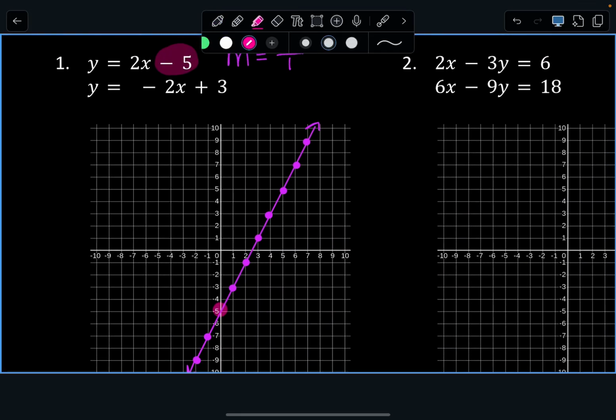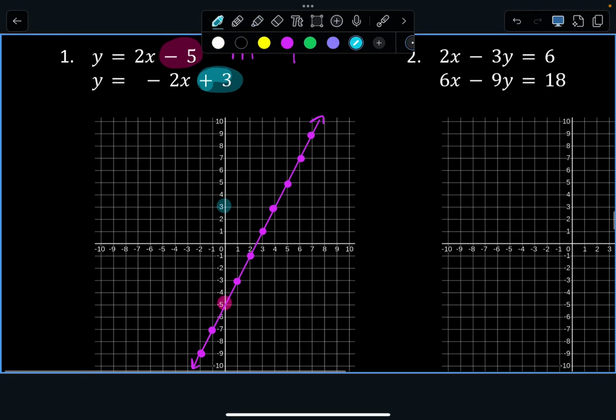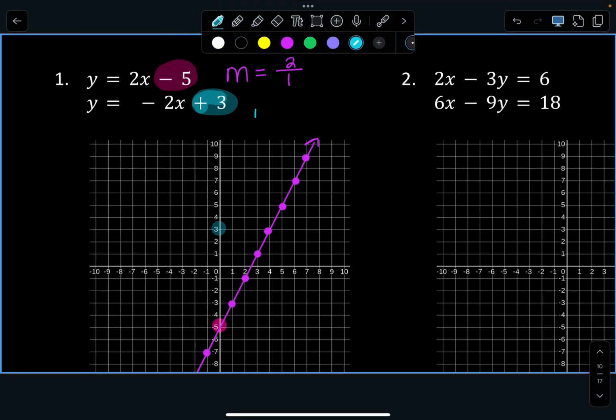Our second one, where do we start? For our y-intercept, that would be up 3. Our slope for this one is -2, but we like to write it as a fraction, so -2 over 1.